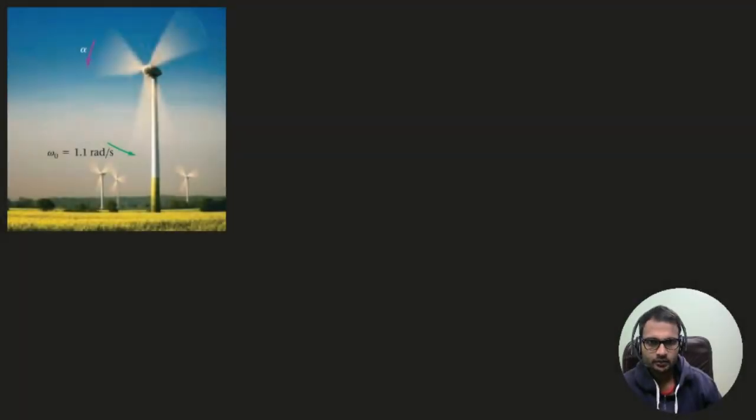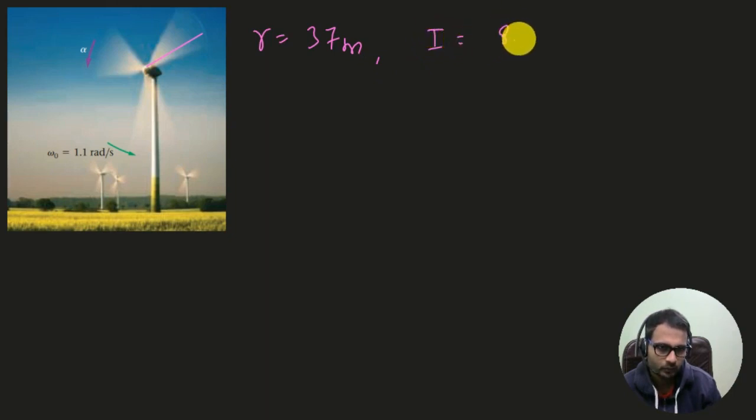Now in this problem, you can see that we have a wind turbine. The radius for the wind turbine blades, this radius is what I'm talking about. This radius R is given to be 37 meter, and the moment of inertia I is given to be 8.4 times 10 to the power 6 kg meter square.